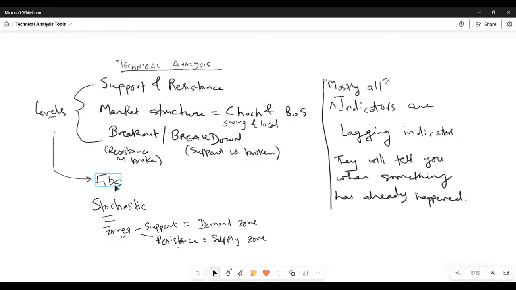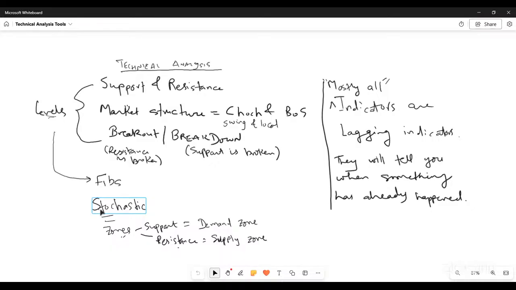Then Fibs. Fibonacci is a tool, not an indicator. Fibonacci gives you levels. I'm gonna make an exception on Stochastic. I have used Stochastic a long time now. It does a fairly decent job. It can fail.